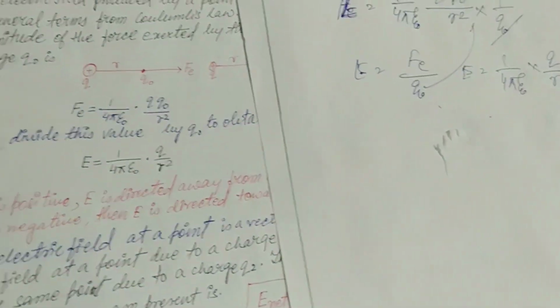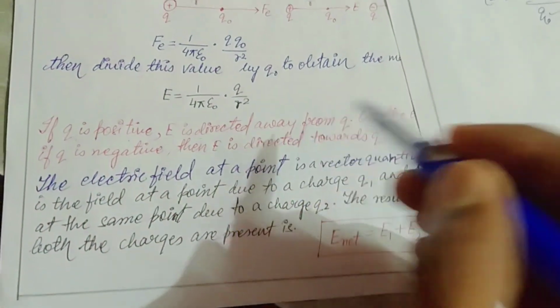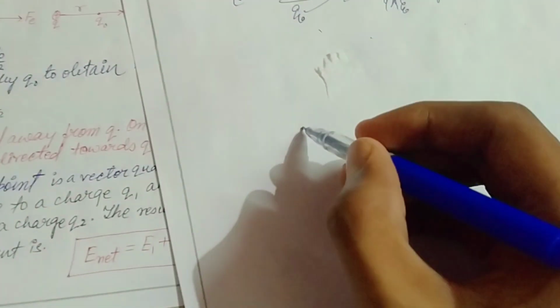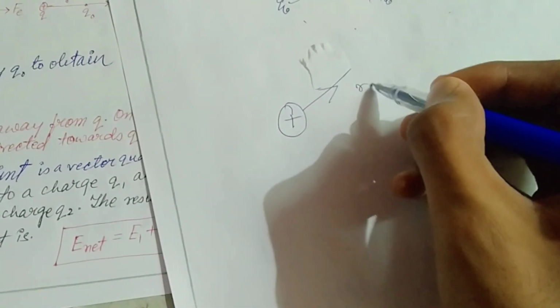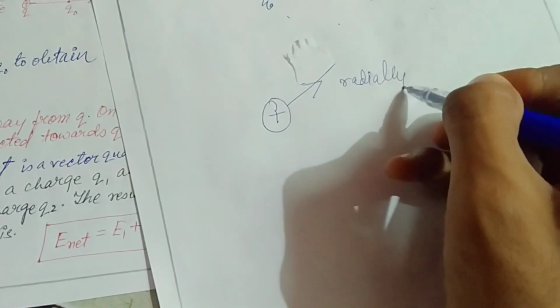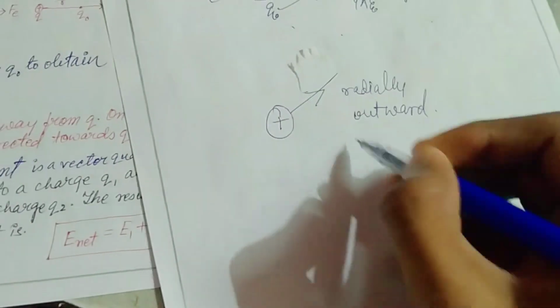So, if Q is positive, E is directed away from Q. As I said, when it's a positive charge, then E will be radially outward, and when it is negative, then it will be radially inward.